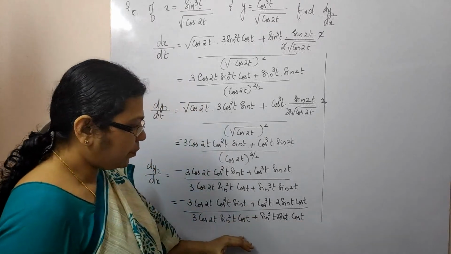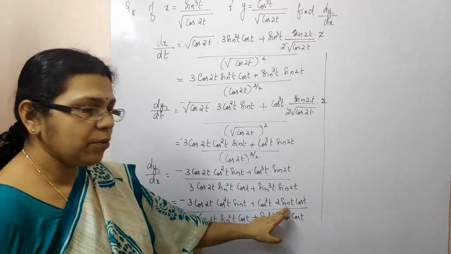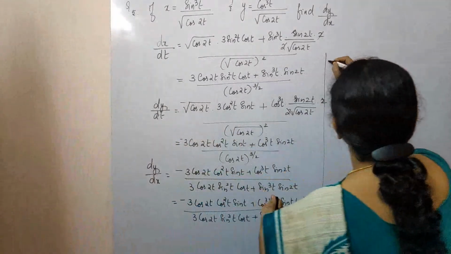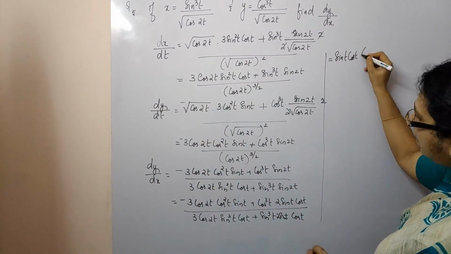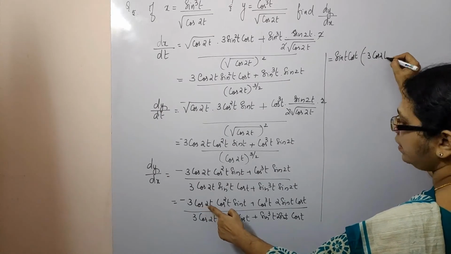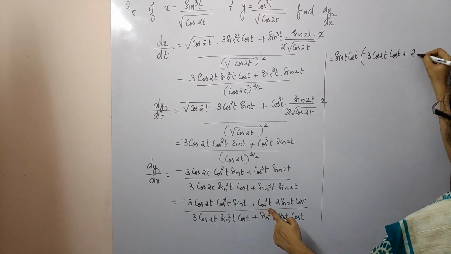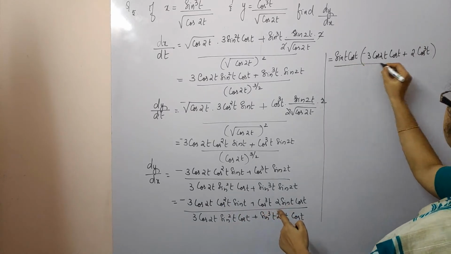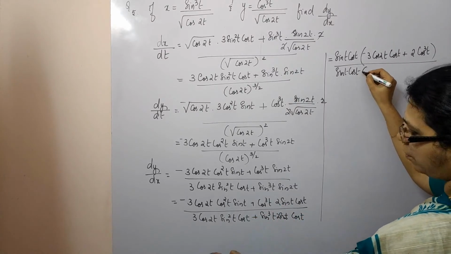Now I have substituted sin 2t as 2 sin t cos t, isn't it? Now I will take sin t cos t common out. What do I get? Sin t cos t, when taken out, I get this as minus 3 cos 2t into cos t plus 2 cos cube t, right? Sin t cos t has moved out, divided by sin t cos t from the denominator.